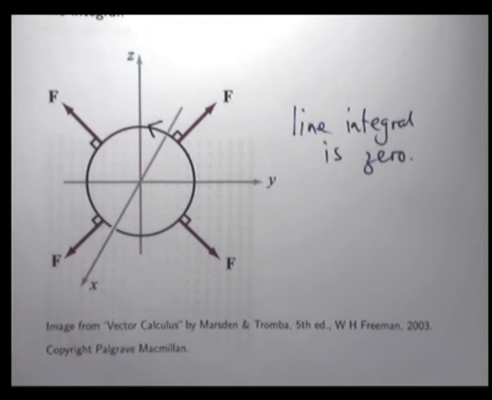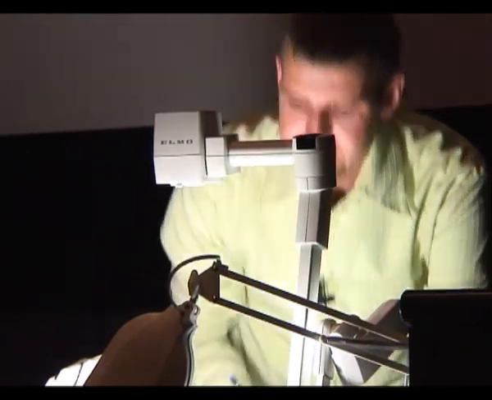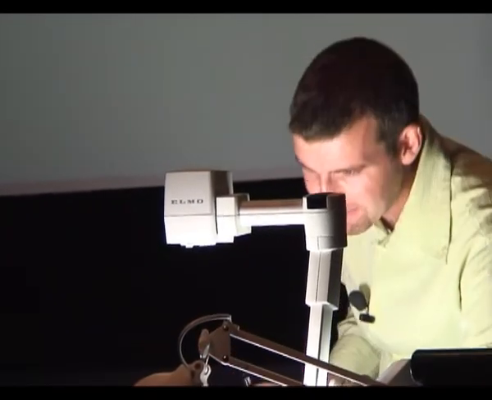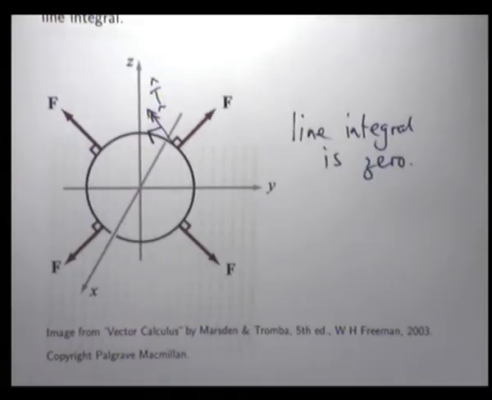It doesn't matter which way you go, because the tangential component of F, so if I draw in a tangent vector, the component of F along the unit tangent vector is 0. All right.